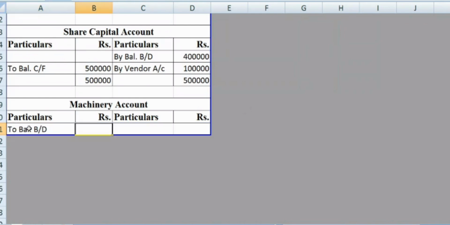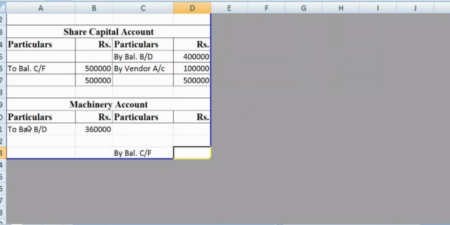3,60,000, correct? And on the credit side, by balance carried forward is 2,60,000.